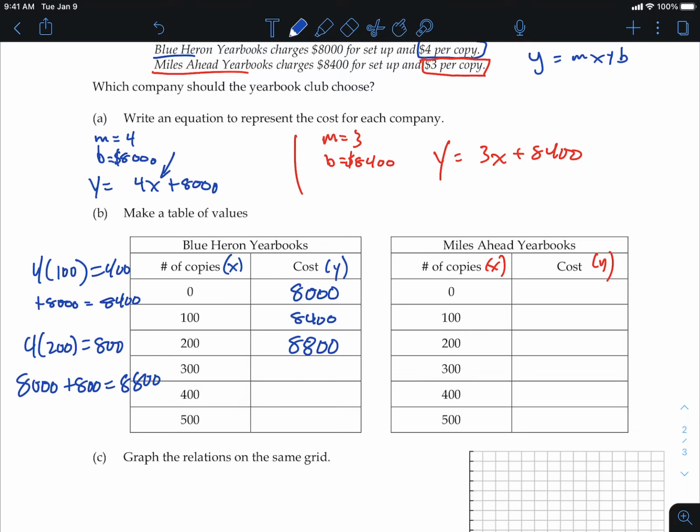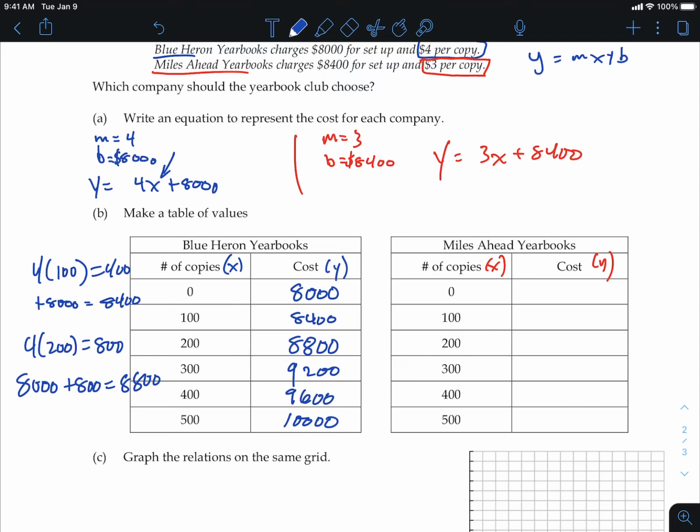I start at 8,000, I go to 8,400, I go to 8,800. I'm just adding 400 every time. We saw that in some of the questions, the tables of values. So you don't actually have to type all this stuff in: 9,200, 9,600, 10,000.